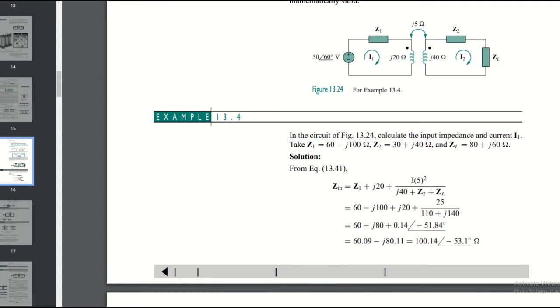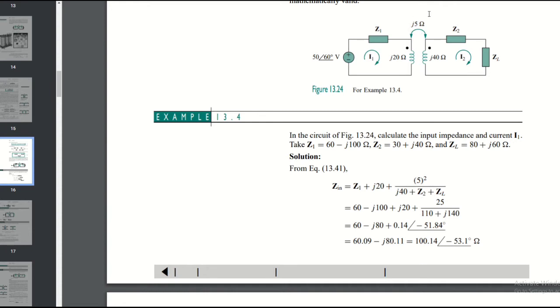And then for the ZR, if you look back at the slide, this is the formula. So we have W square M square. The W is not given here, so I presume that this example assumes that the value is 1. So 1 square gets 1, and then we have the value of M, 5.